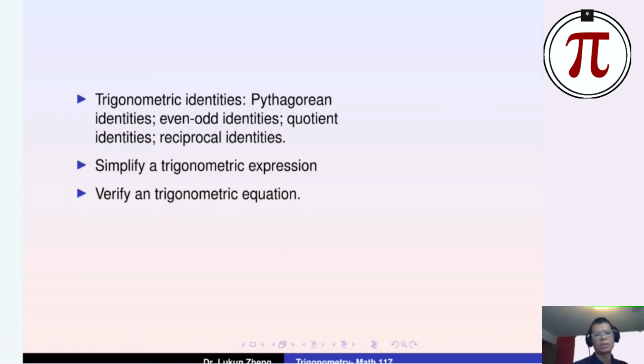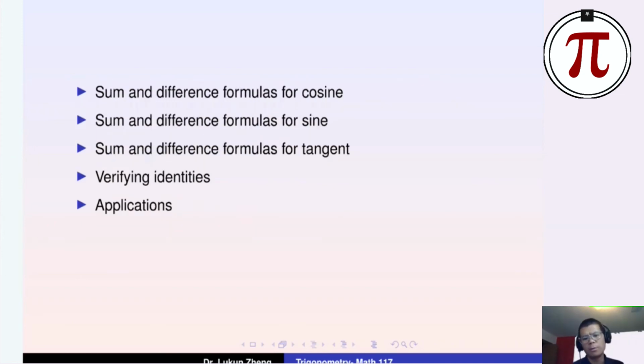So section 3.2: sum and difference formulas for cosine, for sine, for tangent, verifying identities based on these formulas, and applications.